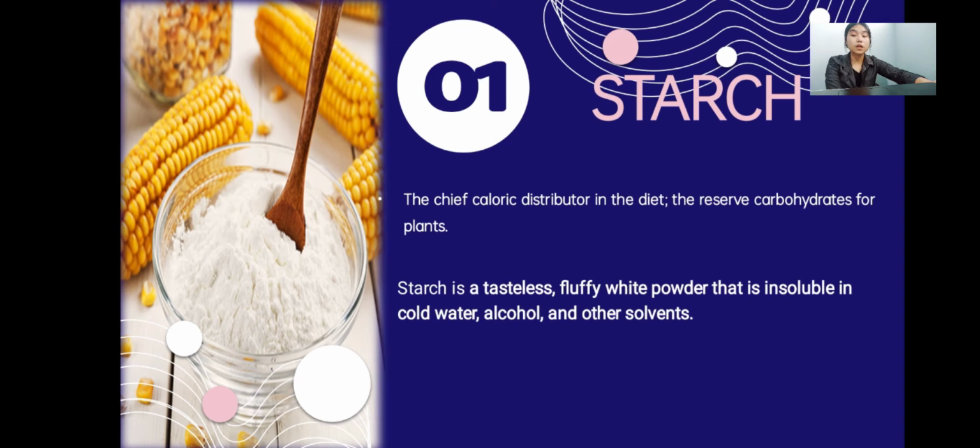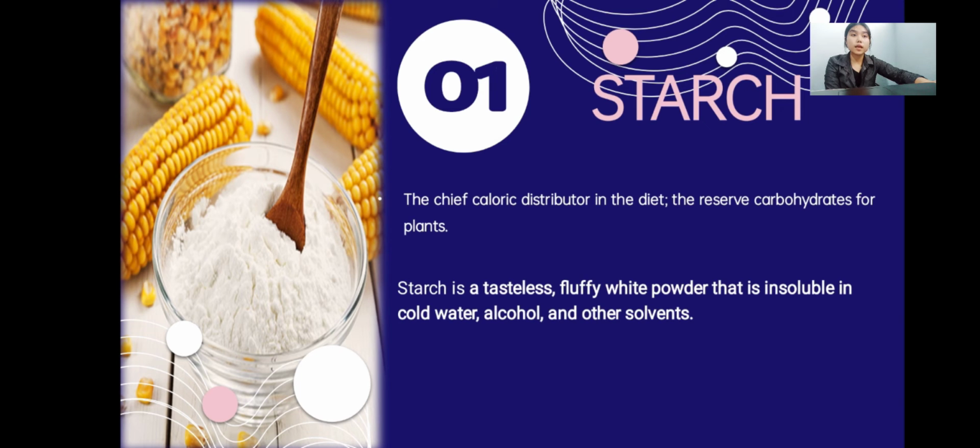Moreover, starches are more complex and the body has to break them down before they get into the bloodstream. But take note that fiber is more complex and some of it cannot be broken down by the body. It depends on how good your digestive system is.